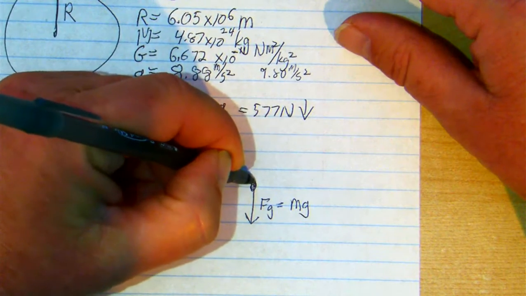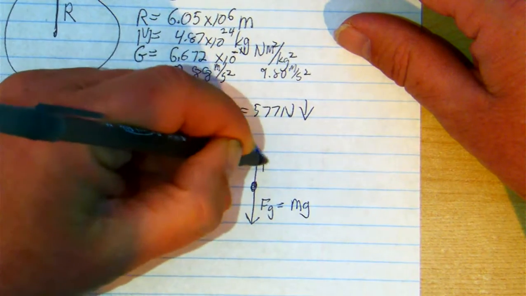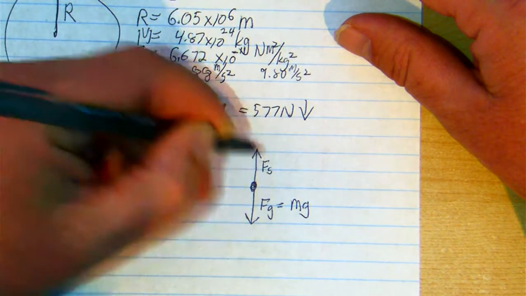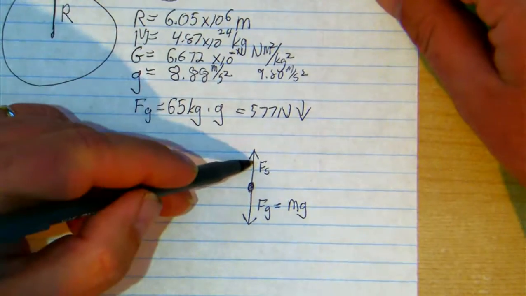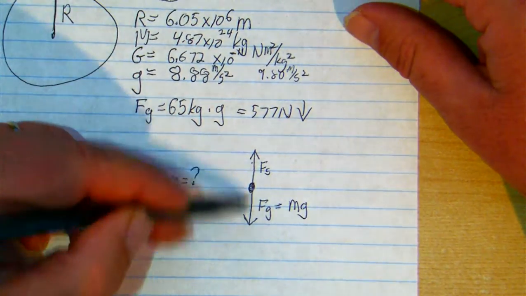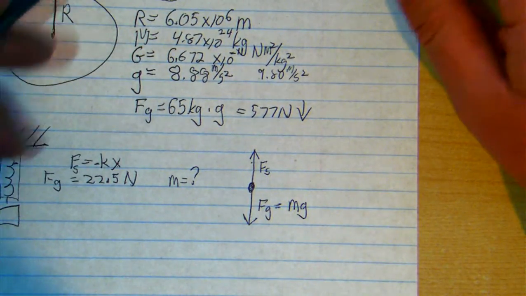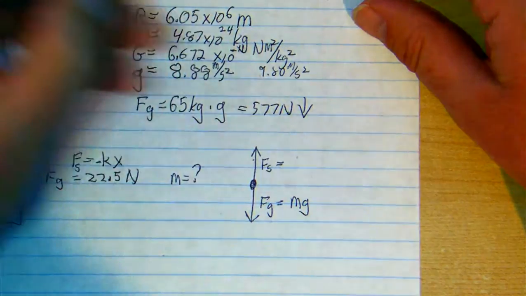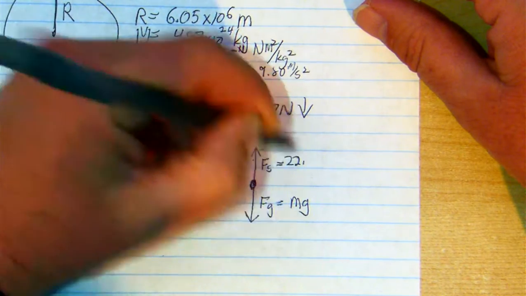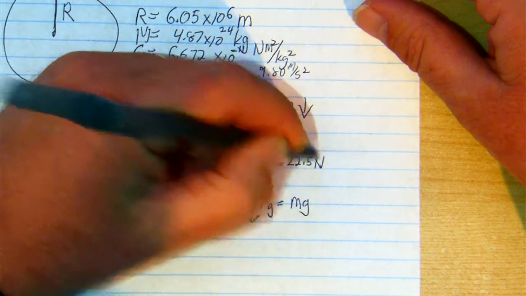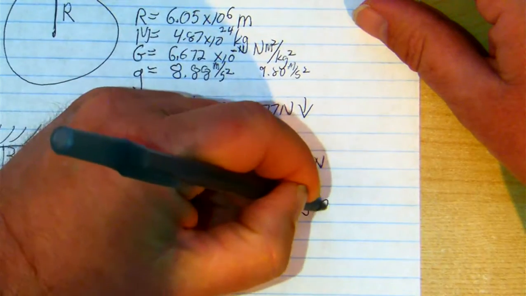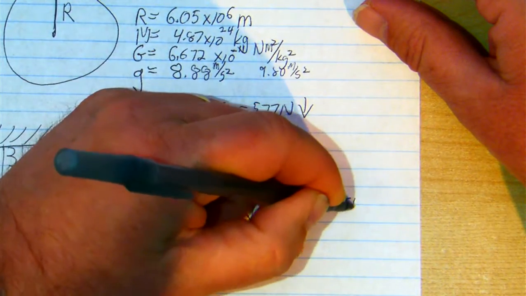And the spring scale stretches further and further until the upward pull of the spring scale cancels the weight of the hanging metal block. So when the spring scale reads 22.5 newtons, that means the weight is 22.5 newtons.